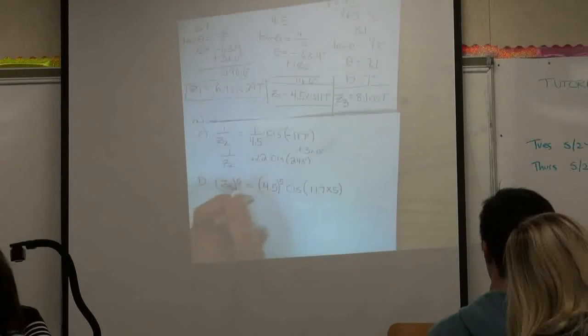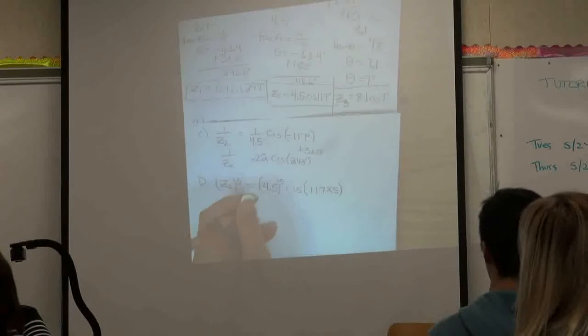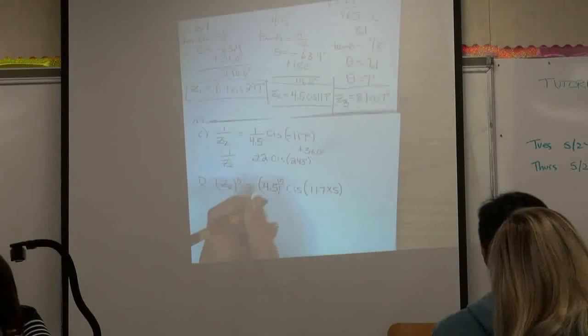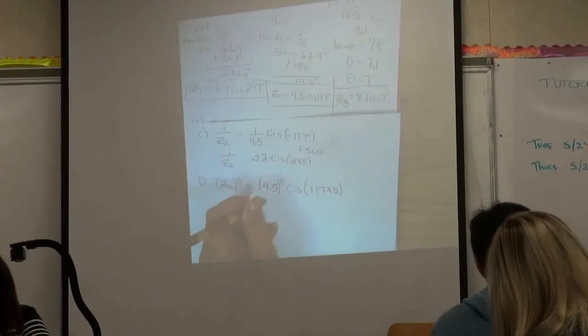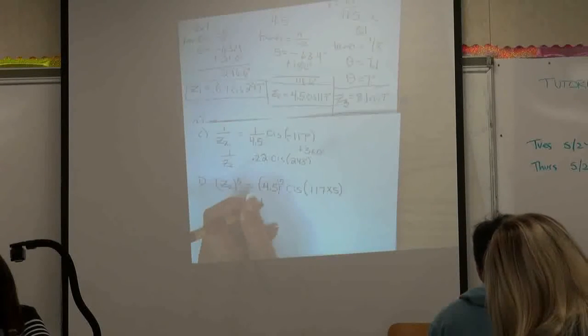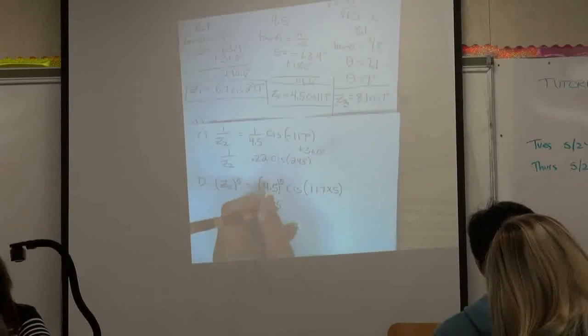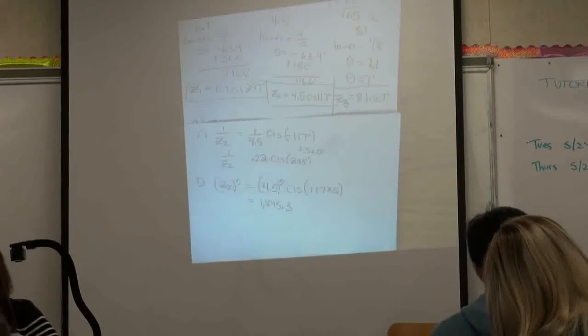What do you get for 4.5 to the 5th, Jake? 1845.3.